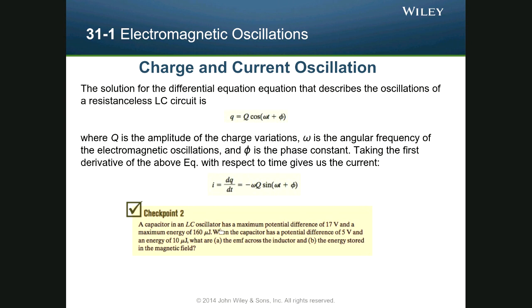So we see here that the LC oscillator has a maximum potential difference of 17 volts. So that means our EMF max equals 17 volts. And our U max is equal to 160 microjoules.